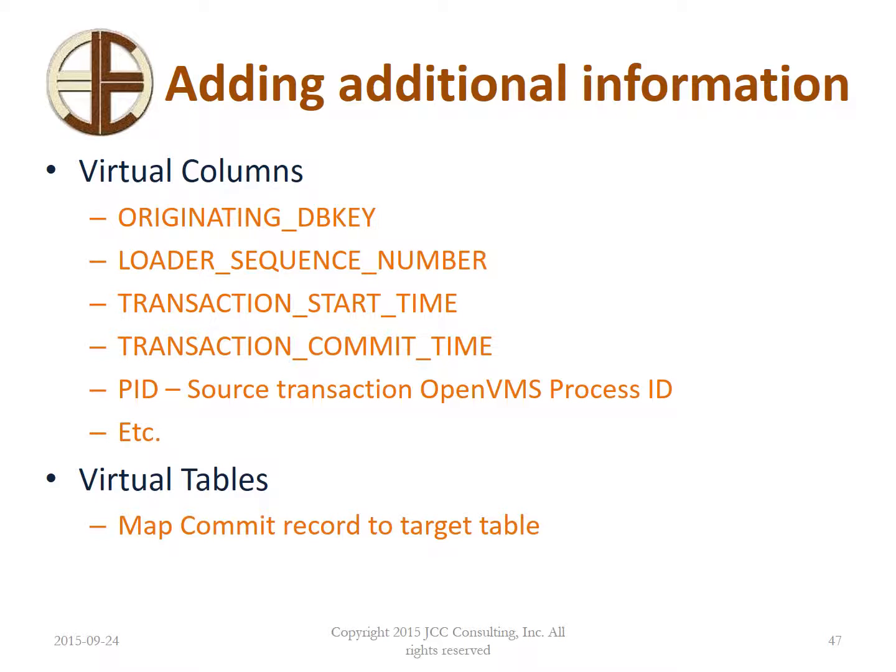So you can actually use the loader to begin to get information about how long the source transactions are and what process IDs are actually doing the updates to the source database. We can also add virtual tables, so it's possible to map commit information to a table in the target database.